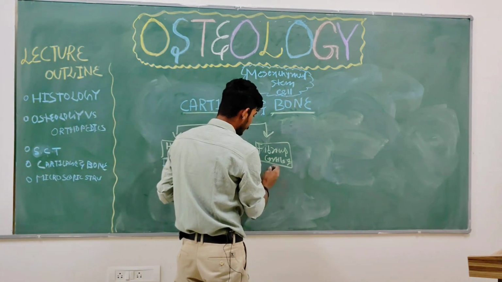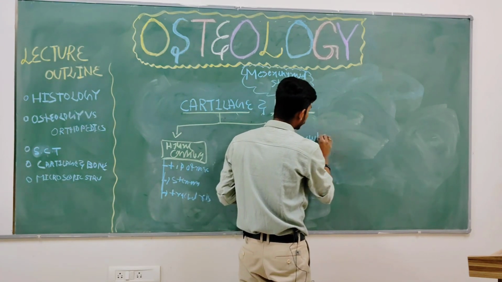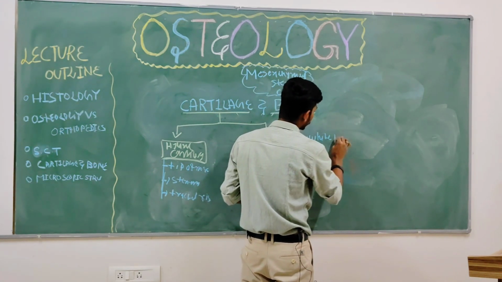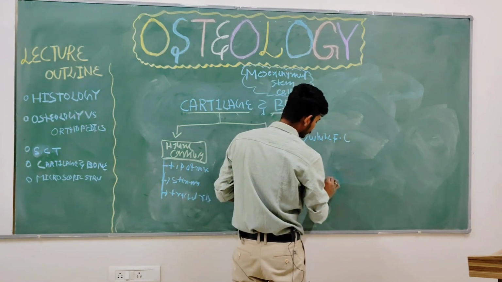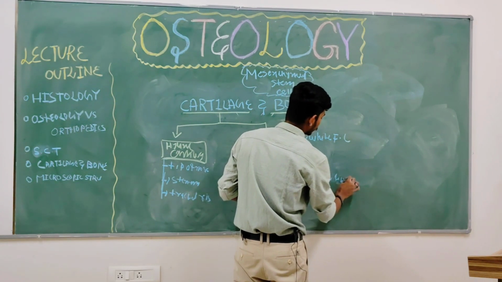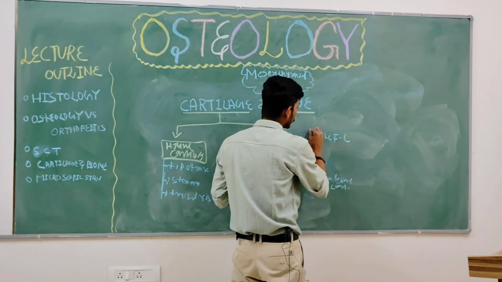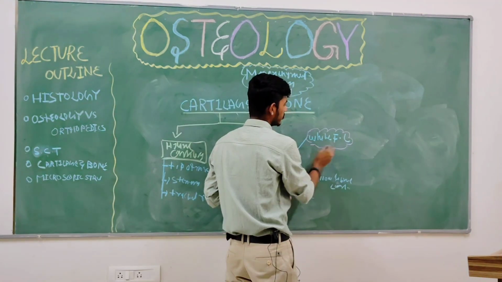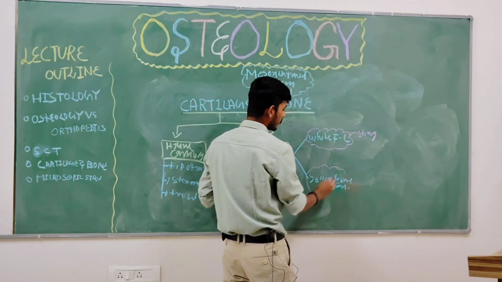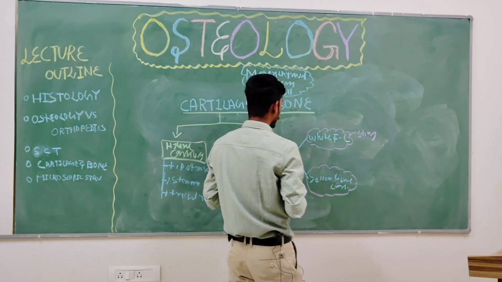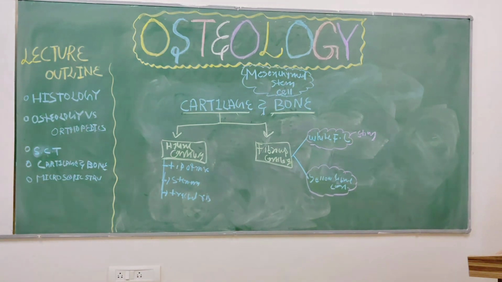Now coming to the fibrous cartilage, it is divided into two types, white fibrous cartilage and yellow fibrous cartilage. White fibrous cartilage, just remember, is a strong type of cartilage, whereas the yellow fibrous cartilage, as compared to the white, is weaker.